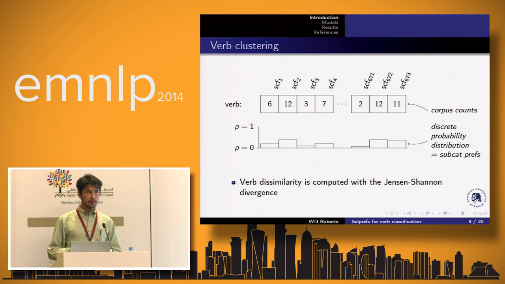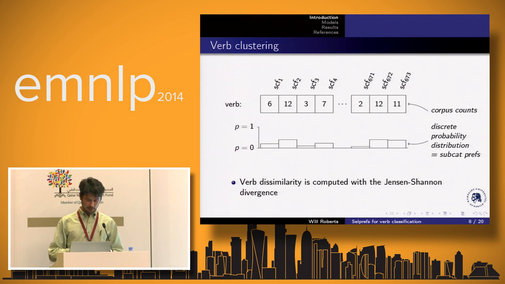The way the clustering works in these studies is that we build a vector for each verb, and each vector position records a count of the number of instances of that verb that occur in a particular subcategorization frame. In our corpus, we observe 673 different subcategorization frame tags, so these vectors are 673 dimensions long.